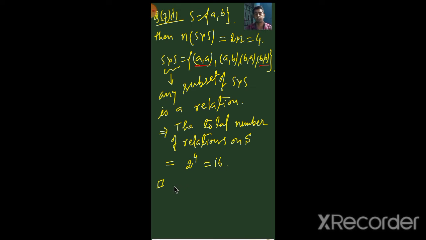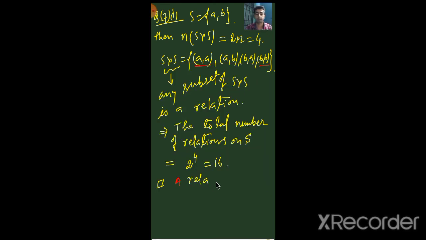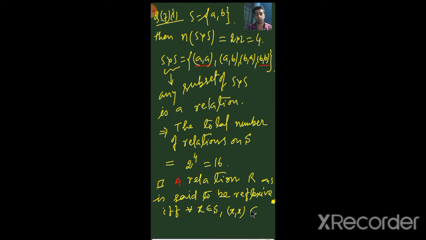The definition: a relation R on S is said to be reflexive if and only if for all x belonging to S, the ordered pair (x, x) belongs to R. Then R is called a reflexive relation.